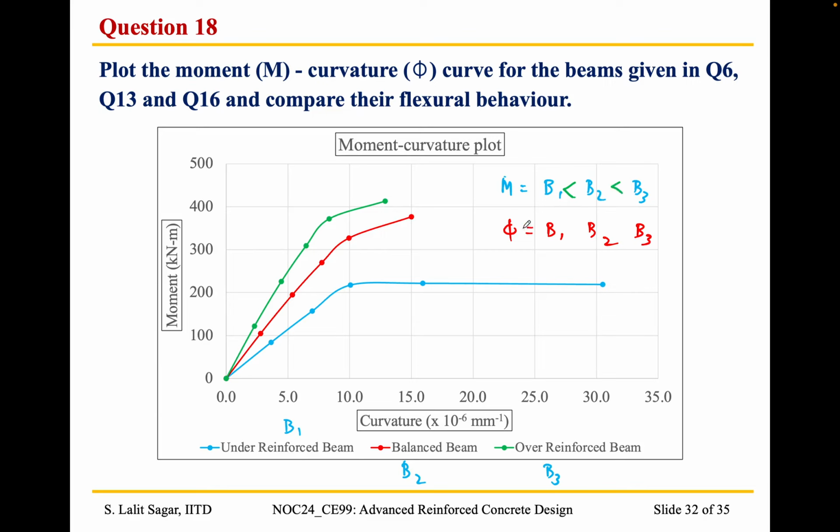On the other hand, when we consider the curvature value, the curvature of B1 is much higher. It is almost 2 times higher. So what is curvature? If this is epsilon c and this is epsilon s, so this is the value of curvature. I'm sorry, I made a mess, but I request you to just ignore it.